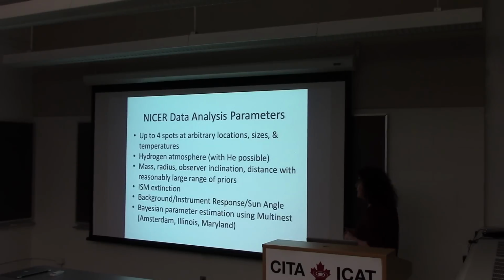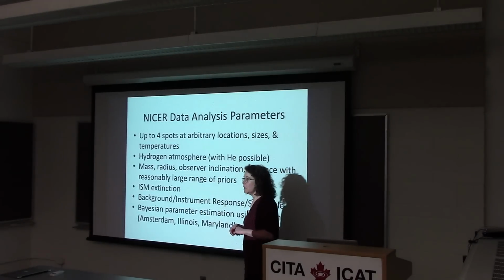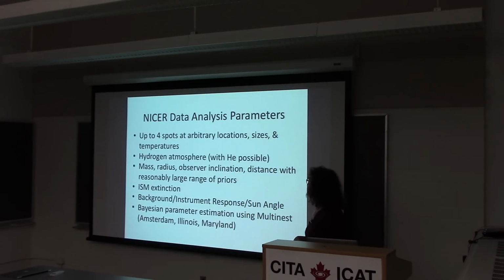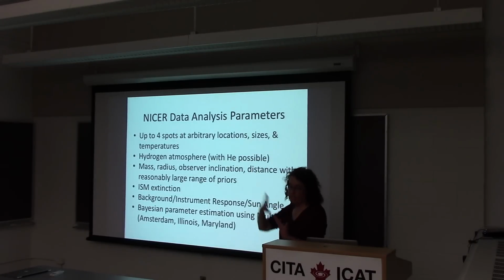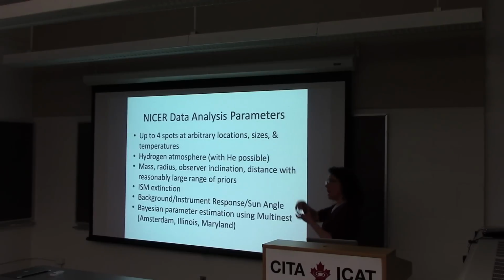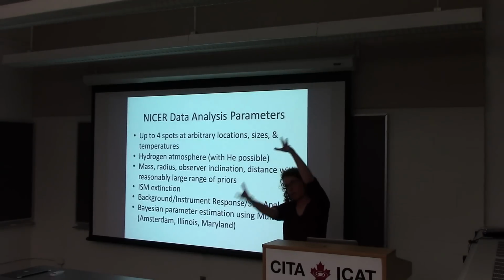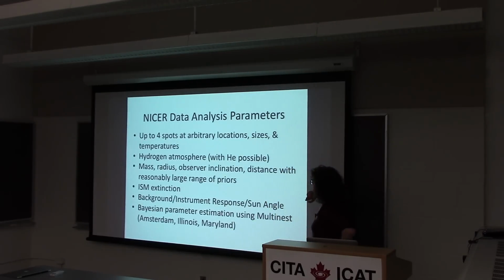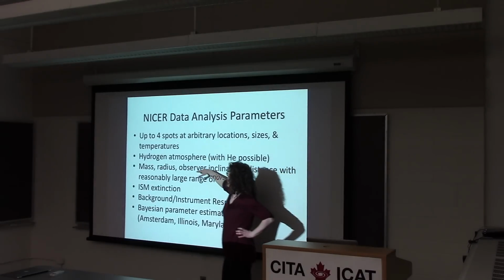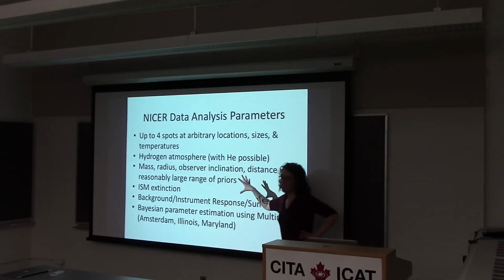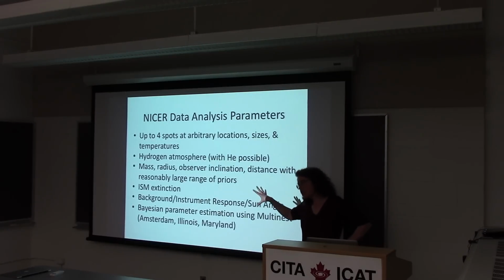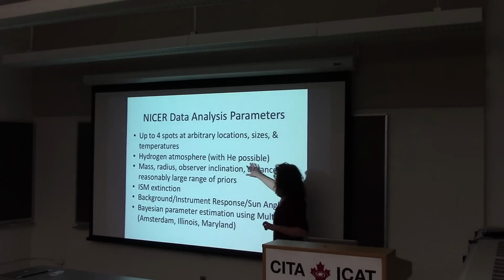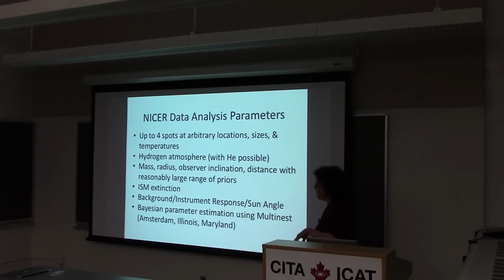So the actual data analysis is kind of complicated at the moment. This is going with up to 4 different spots that have independent temperatures, locations, they're not antipodal, and sizes, like whether they're tiny spots or large spots on the star; those are independent variables. Keeping a fixed hydrogen atmosphere, although in cases where it's potentially possible that it could have a helium atmosphere because it's in a hydrogen poor environment, then it's possible to switch in a helium atmosphere.